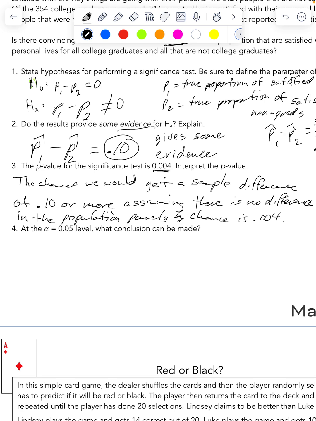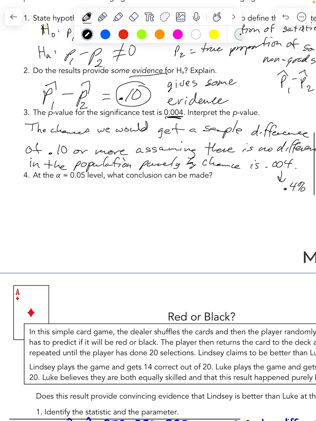So this is 0.4%. The chances of obtaining something like that is next to nothing.